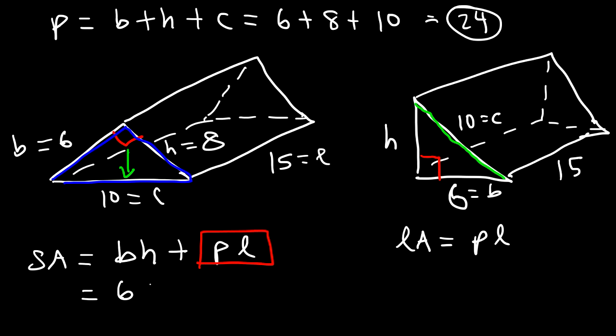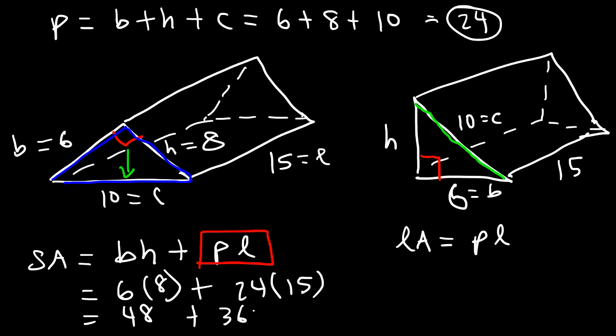So B is 6, H is 8, the perimeter is 24, and L is 15. 6 times 8 is 48, and 24 times 15 is 360. But this number 360, that is the lateral area.